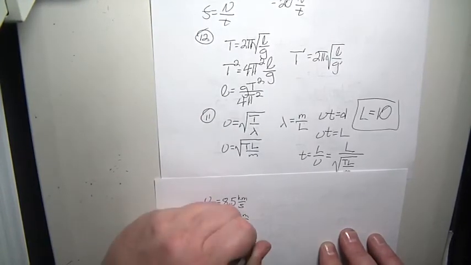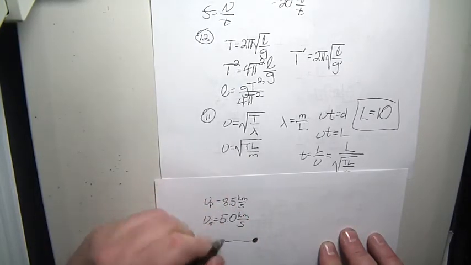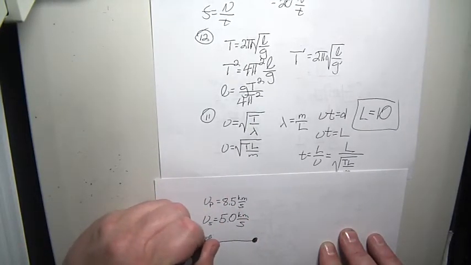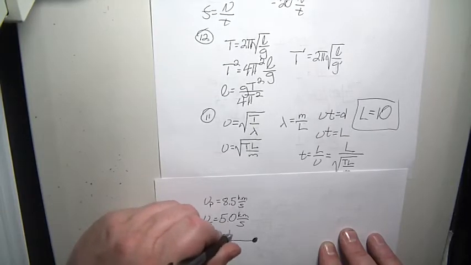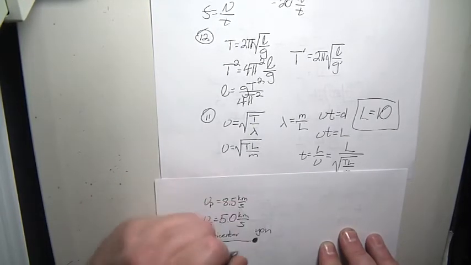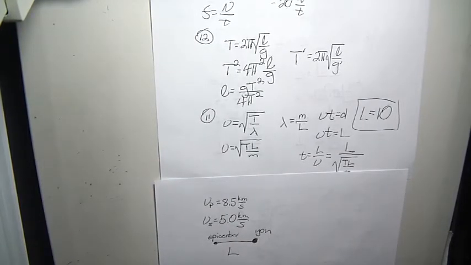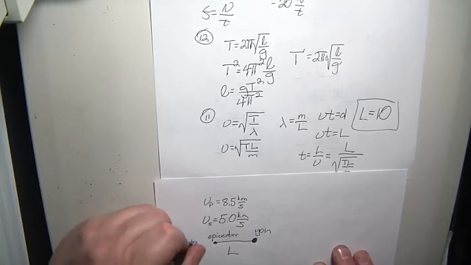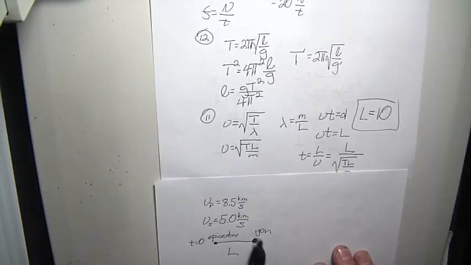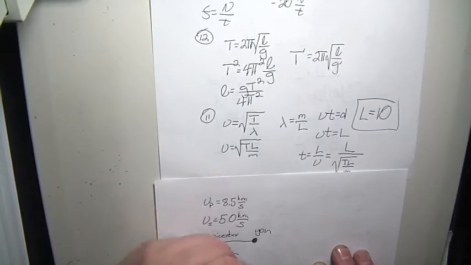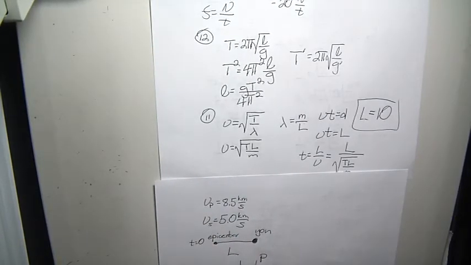In either case, the epicenter and you are at the same distance L. Both the P wave and the S wave must start at the epicenter and then they head towards you. So at t equals 0, you get this. At some time t, the P wave is at you, and the S wave is slightly behind.